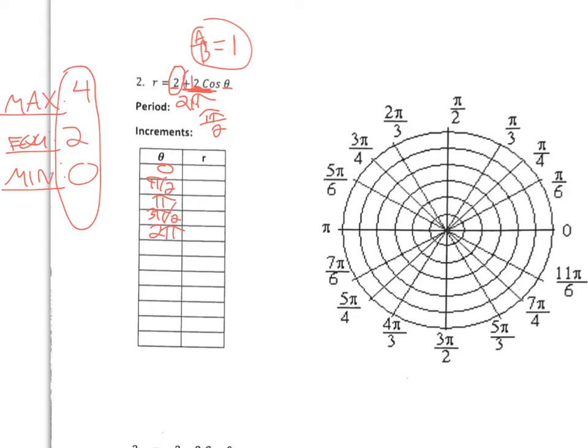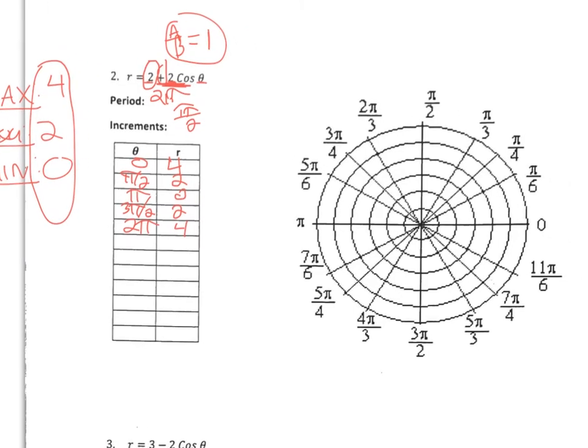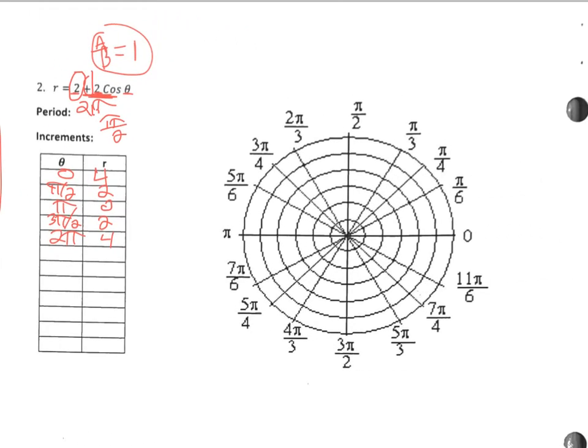It's a plus, so it's going to start at the max. So we have 4, then it goes down to the equilibrium, down to the minimum, back up to the equilibrium, and ends at the max. That's pretty much it. Then let's graph those, and we should get a sideways heart.